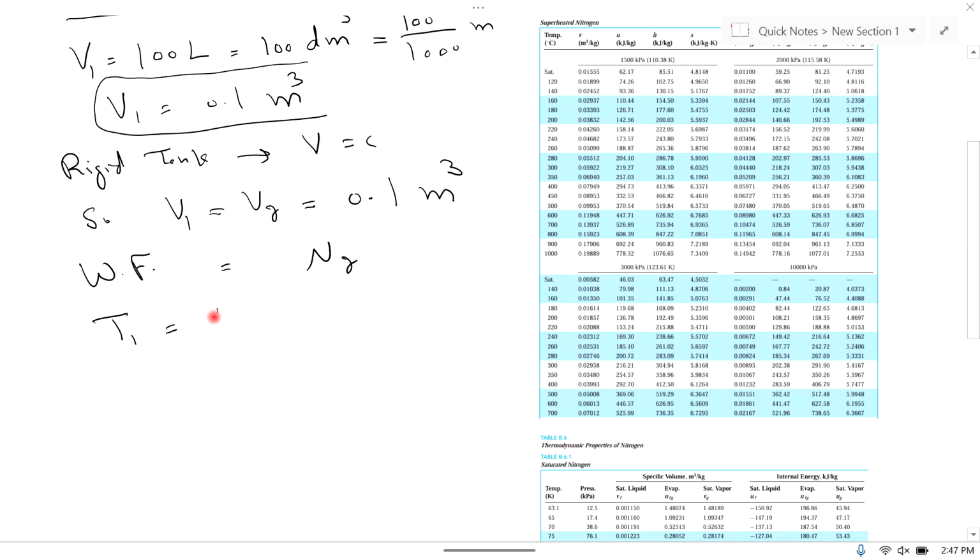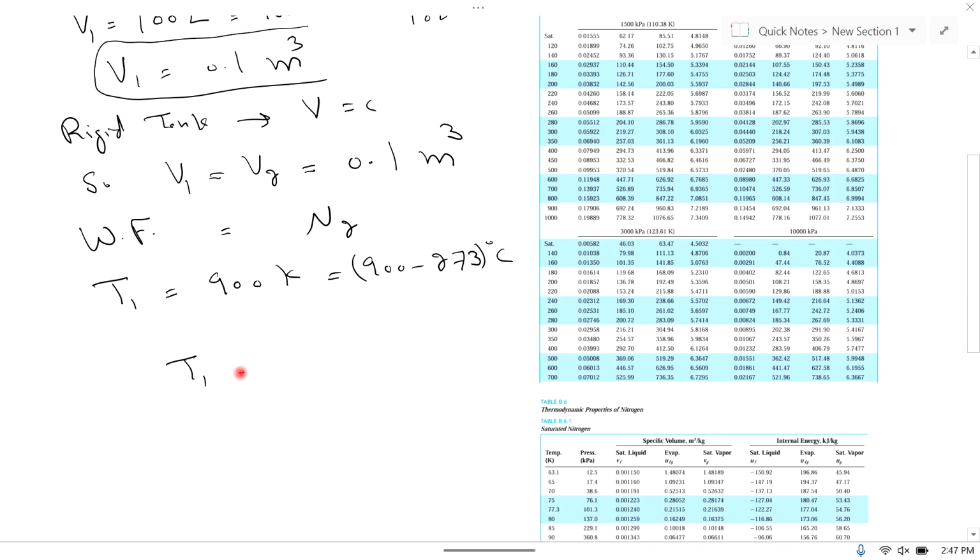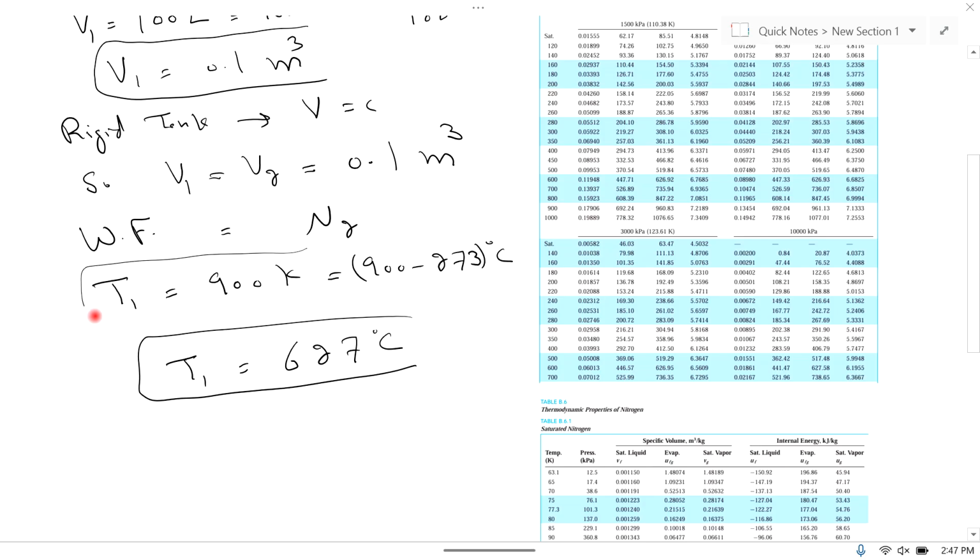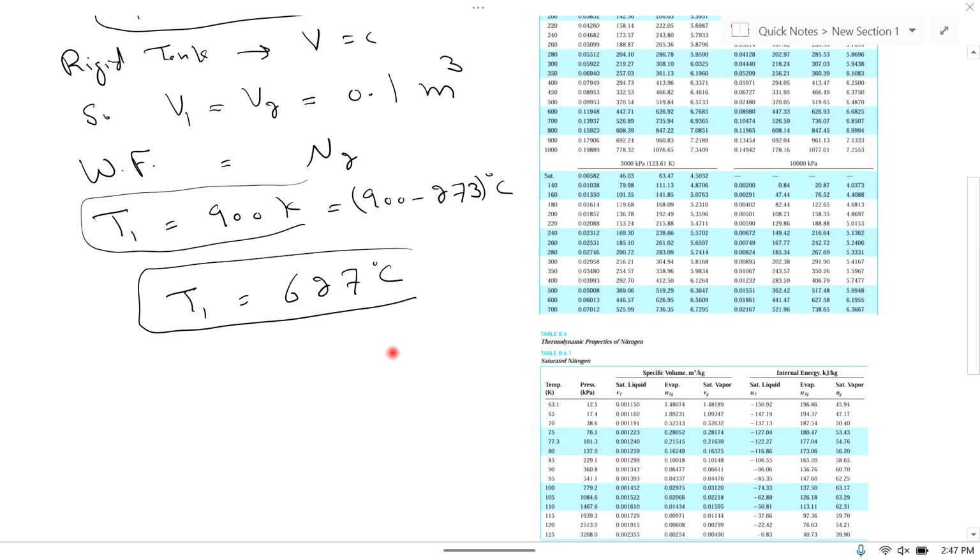T1 is 900 Kelvin, and in degree centigrade this is equal to 900 minus 273, so T1 is equal to 627 degree centigrade. This is in Kelvin and this is in degree centigrade.